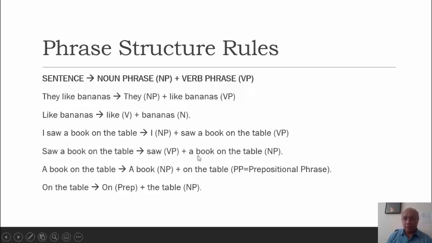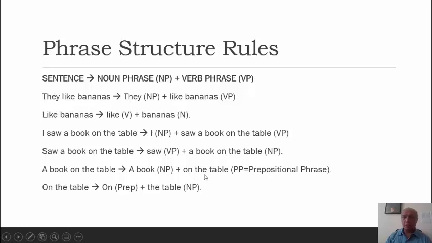And you still see here there is a phrase which can be broken down further, a book on the table. A book on the table is composed of a book, which is a noun phrase, or a noun if it is only a single word like this. Then you have on the table, this is now a prepositional phrase, abbreviated PP, because this is a preposition.